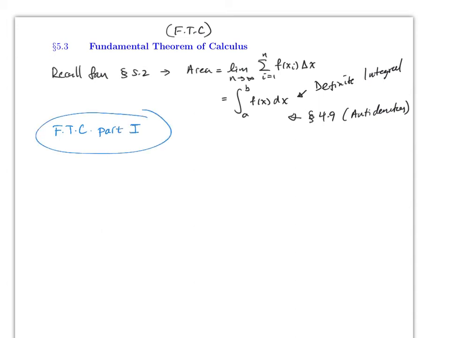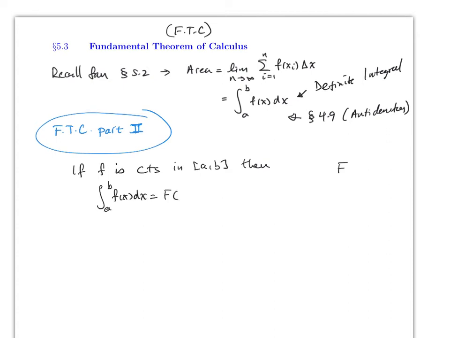The book actually calls this part 2, so I guess for no confusion, let me go with part 2 first. It says the following: if f is continuous on [a, b], then the integral from a to b of f of x dx is equal to the antiderivative.